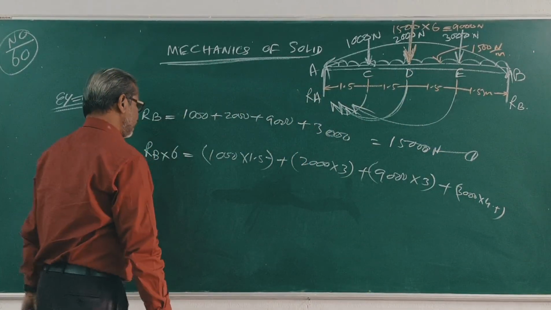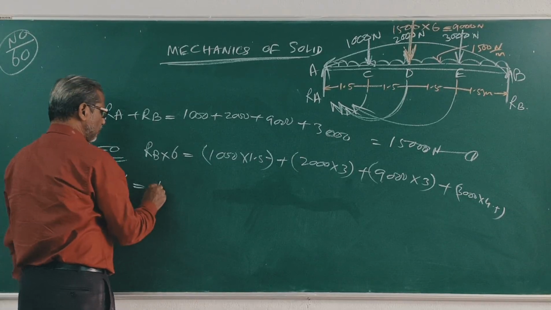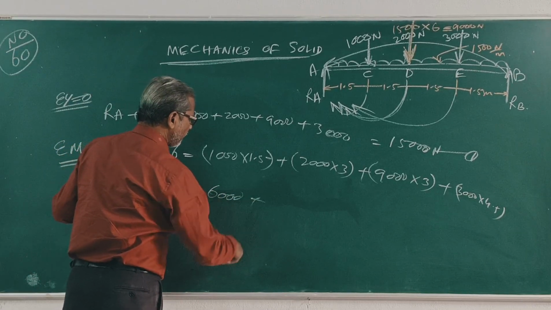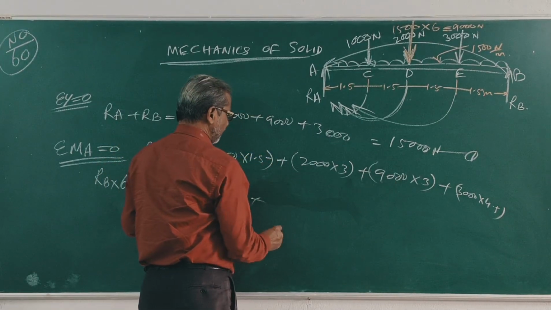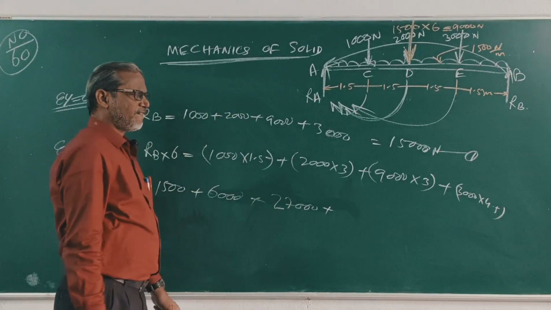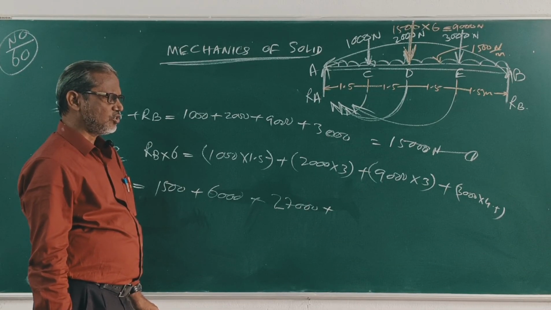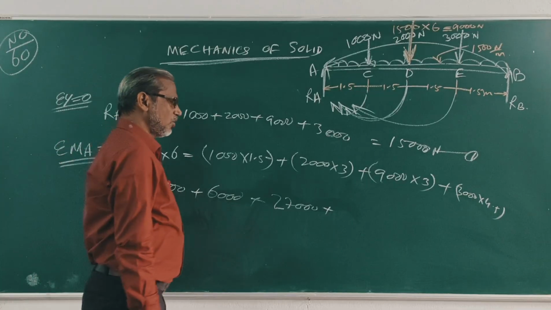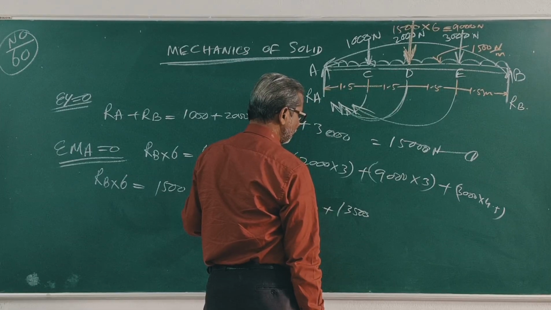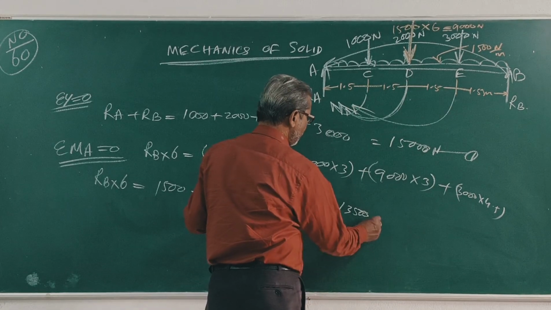So RB into 6 is equal to 1500 plus 6000 plus 27,000 plus 13,500 Newton.